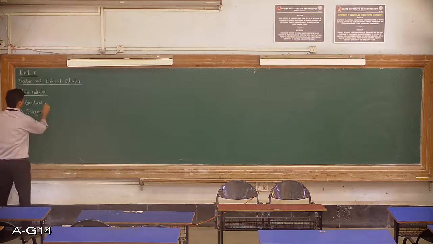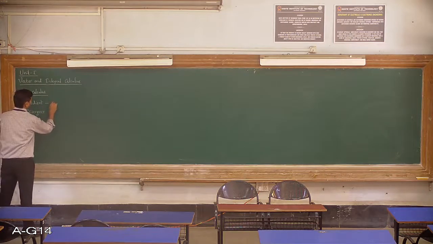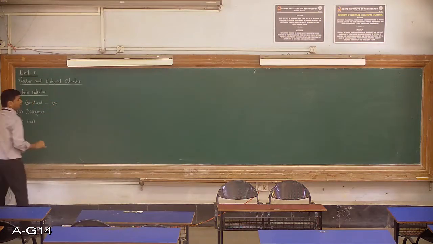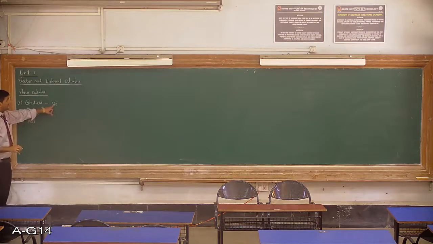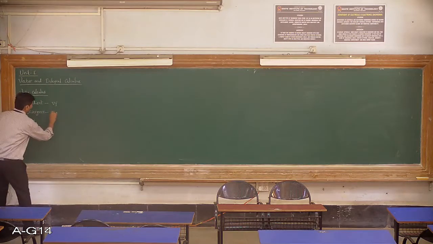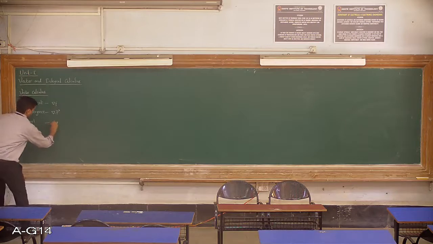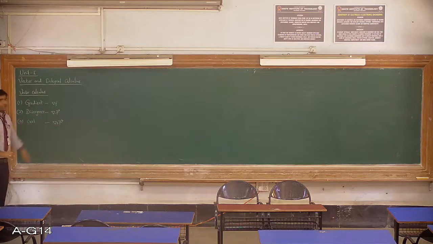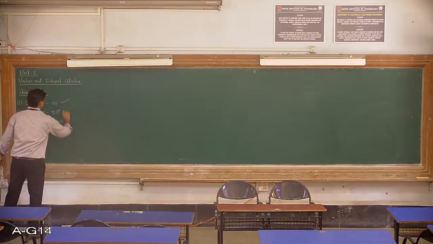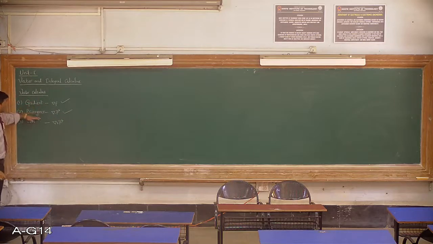Okay, so here divergence means, already I have explained, that is del dot f, where del is a differential operator and f is a vector point function. And gradient is del f, where f is a scalar point function. The curl is del cross f, so that already you people know. So these two, gradient and divergence, we have already studied.